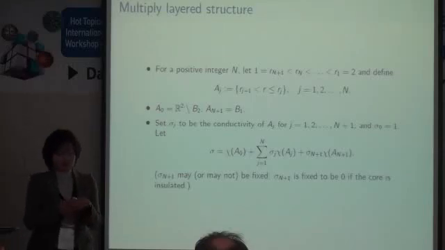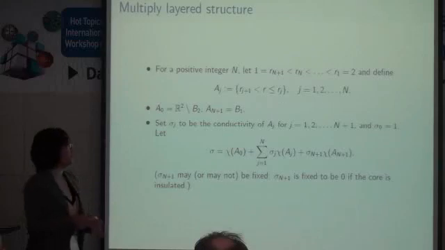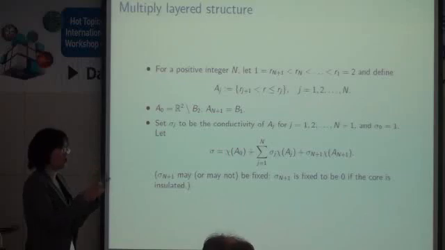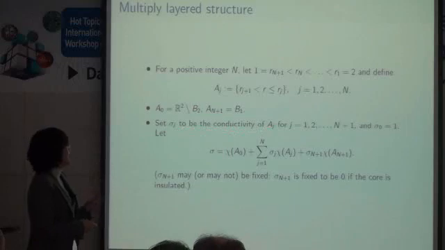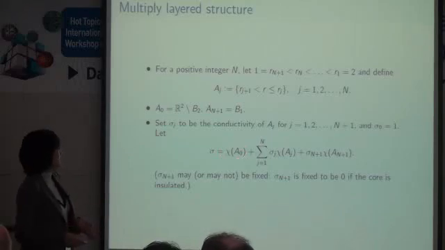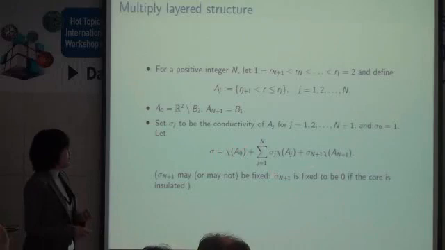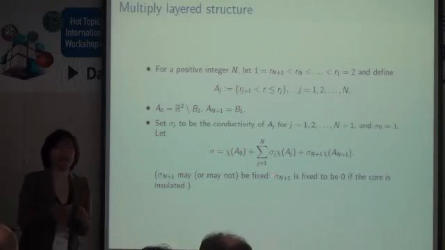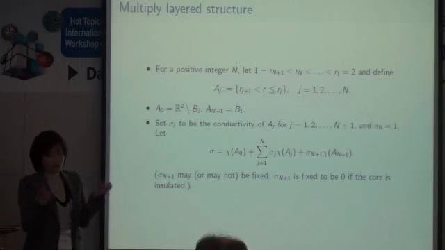My cloaking structure is concentric disks, and the unknowns are the radius of each layer and the conductivity on each layer. So the unknown is sigma j, and the exterior conductivity is assumed to be 0. And I want to make it insulated in the inner layer, because the object inside the layer should be cloaked.